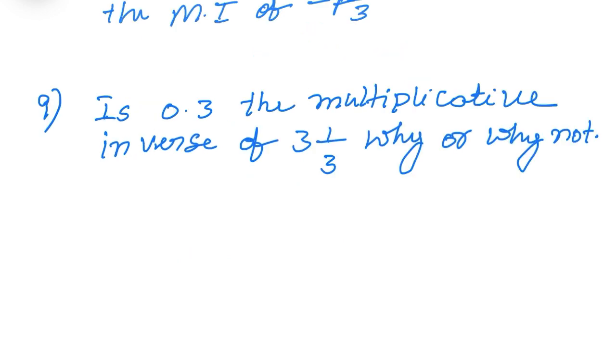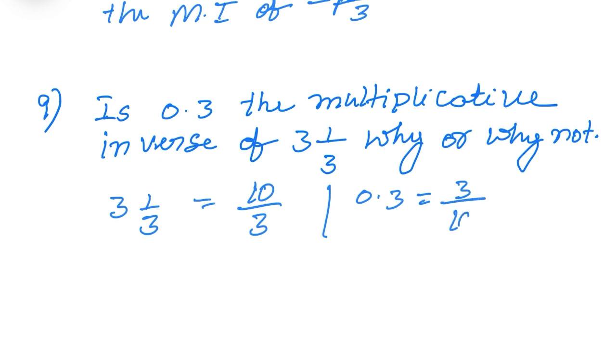Is 0.3 the multiplicative inverse of 3 1 by 3? Why or why not? The given number. What is the given number? 3 1 by 3, that is equal to 3 3s are 9 plus 1, 10 by 3. Next, what is 0.3? 0.3 is equal to 3 by 10, you can write.